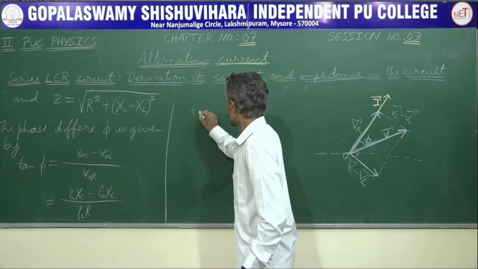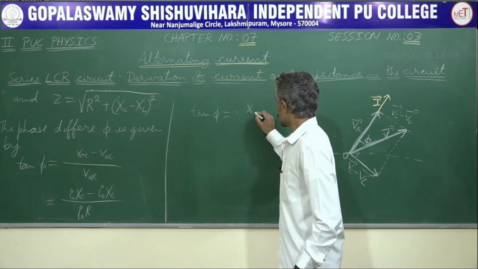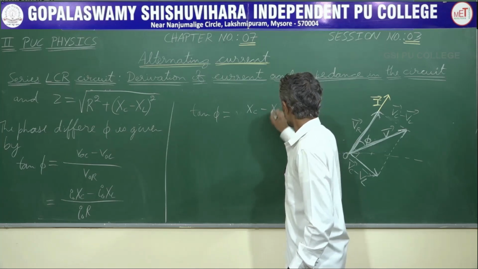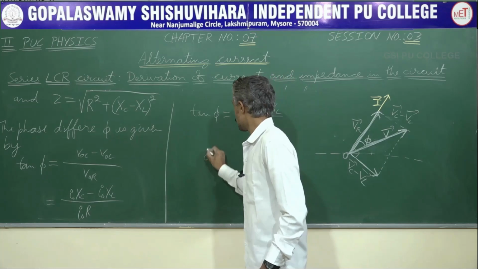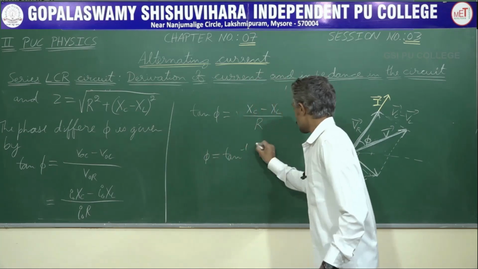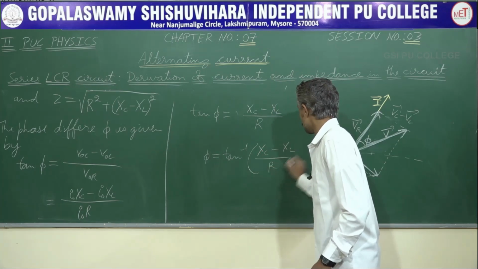So, I can write tan phi is equal to, if you take out the commons, finally you are left with XC minus XL by R, or phi is equal to tan inverse of XC minus XL by R.